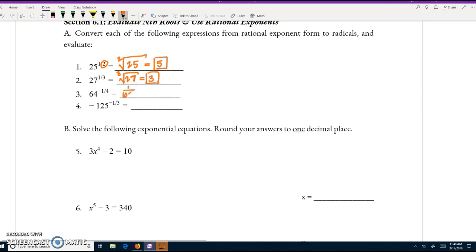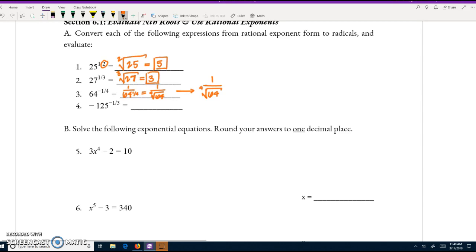First, I would recommend changing it to 1 over 64 to the 1/4, which then becomes 1 over the 4th root of 64. Now 64 is a perfect square root, and it is a perfect cubic root. But if you go to your calculator and try to check it using your 5th button under your math tab, 64 is not a perfect 4th root.